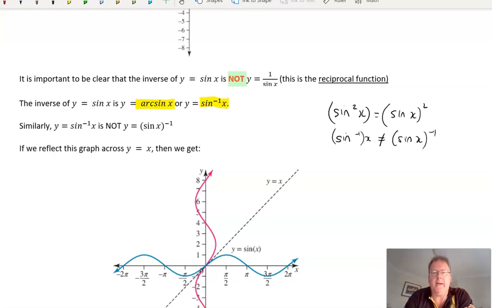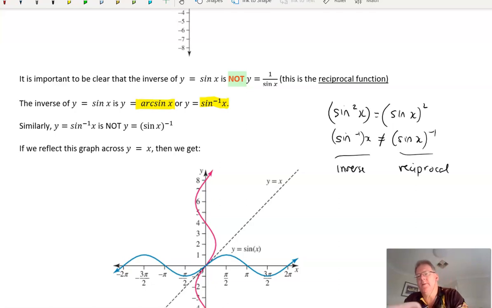Okay, so when we have a negative power, though, that rule doesn't necessarily apply. But when we have -1, we do not write it as sine x to the power -1. This here, that's reciprocal. This is inverse. So this is an inverse function. This is a reciprocal function. And they are different. Okay, so this is true. This is not true. Not equal to.